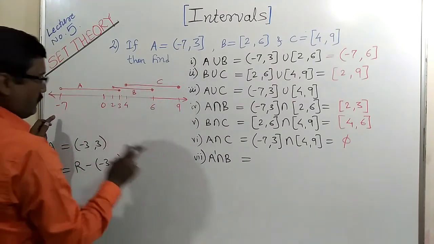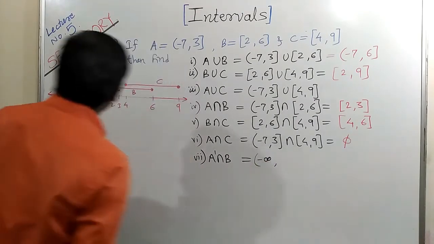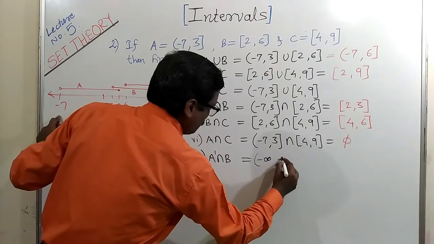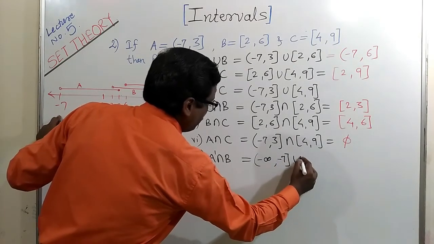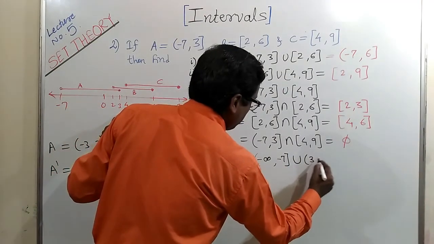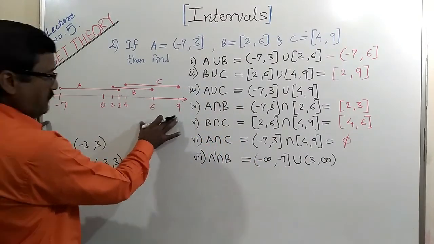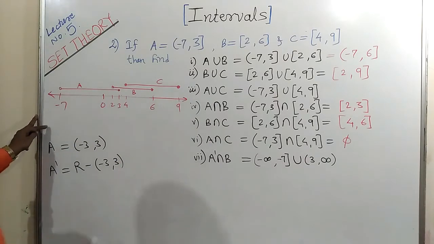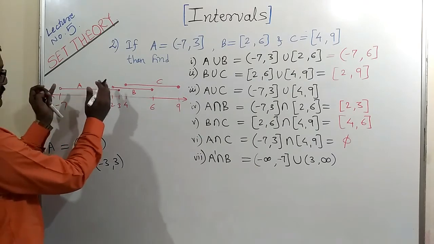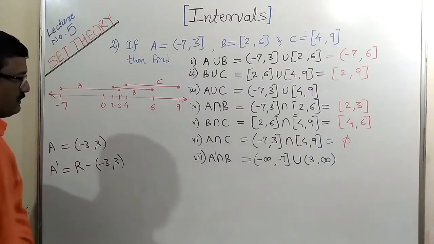So A complement is nothing but minus infinity to -7, where -7 is now closed, then union, its complement means 3 is included here, so we exclude 3, 3 to infinity. So these two sides are in A complement, because A is itself a segment. If we delete or eliminate a segment from a line, then we get 2 rays. Those are these 2 rays. So intersection with B.